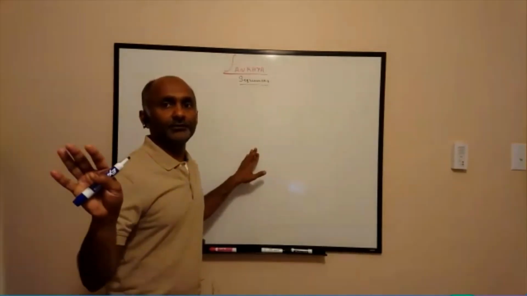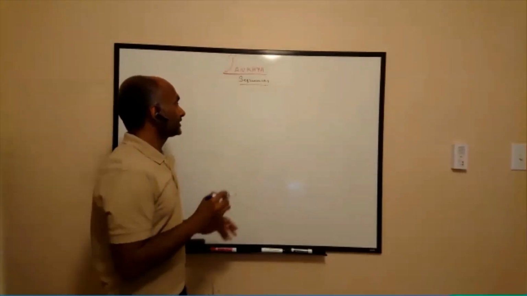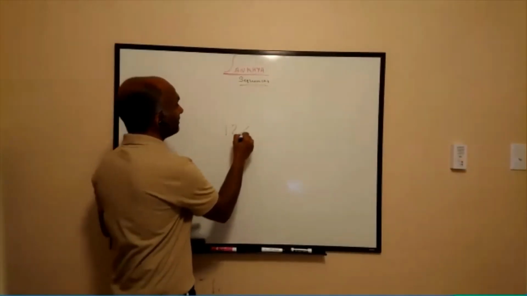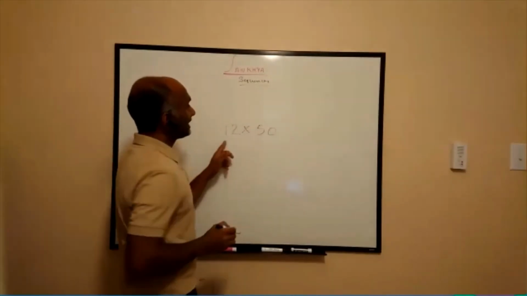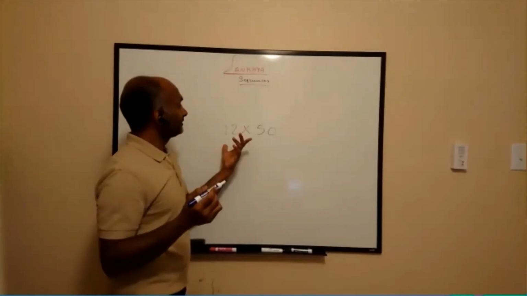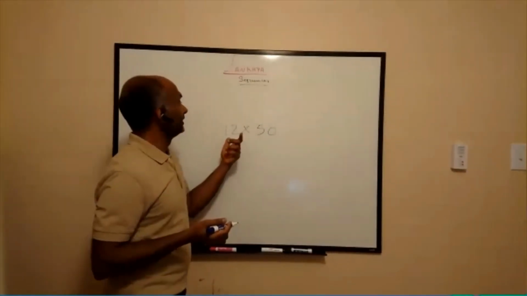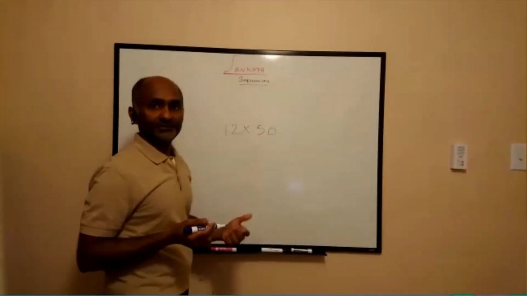But just a few tips, since we talked about multiplication. For example, if you have a number to multiply, like 12 times 50, the straightforward way of doing it will be 12 times 5 and then put a 0.